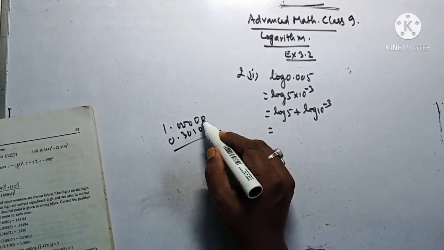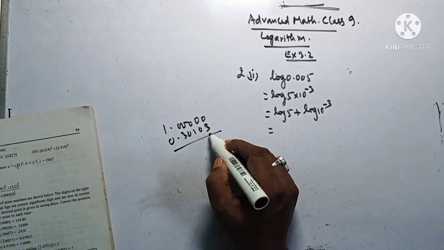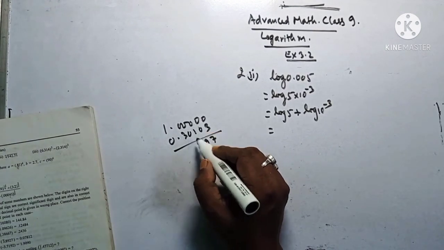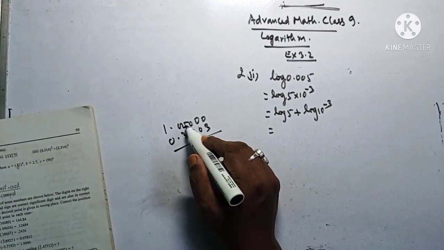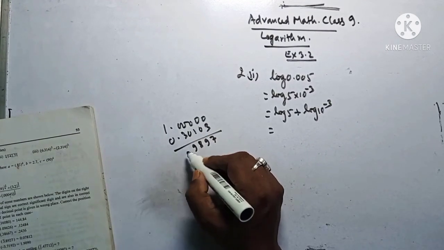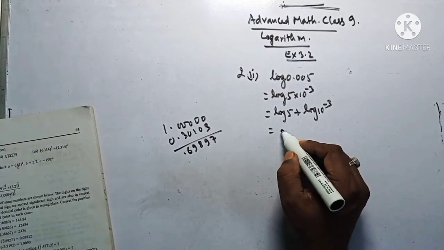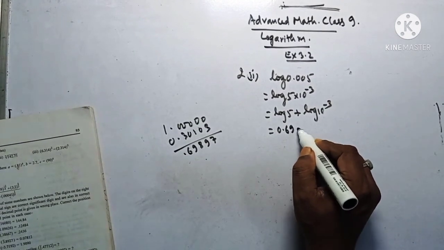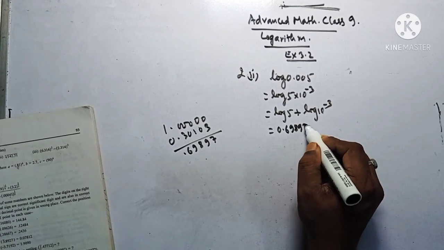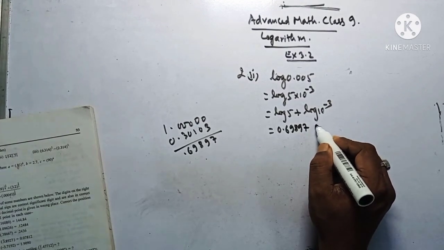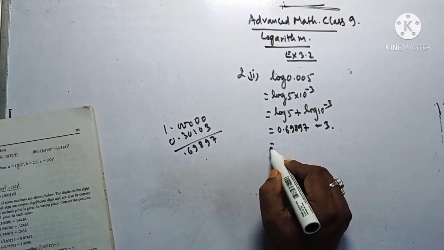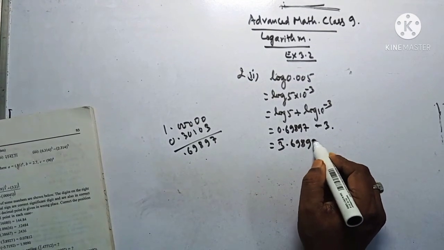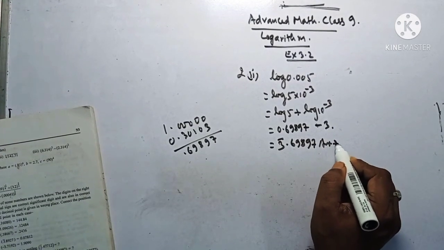So it is 10 minus 3 is 7, 9 minus 1 is 8, 9, and 9 minus 3 is 6. So this is 0.69897 minus 3. So this will be 3 bar 0.69897. This is your answer. Let me check the answer.